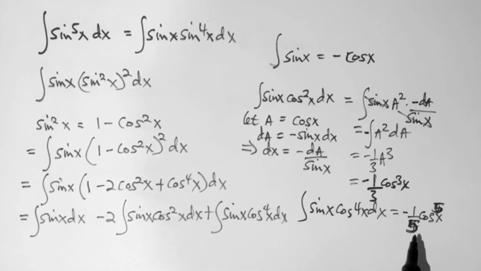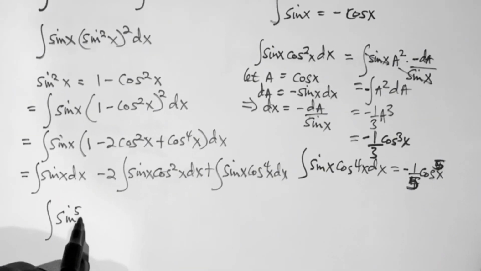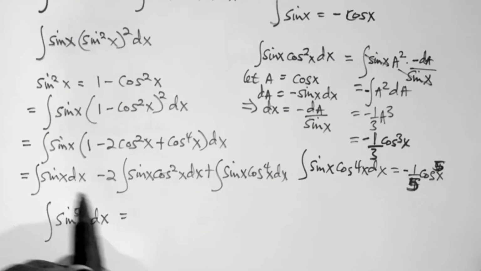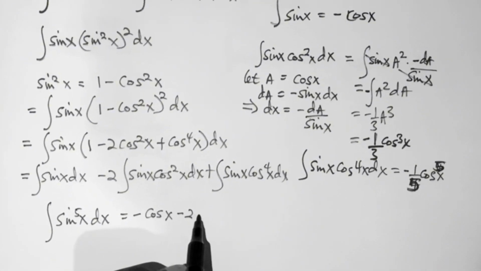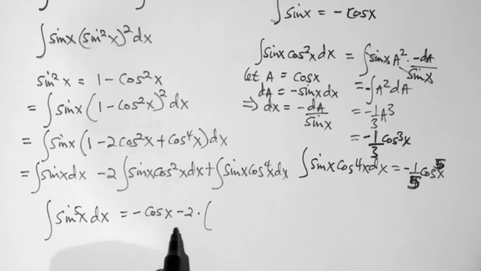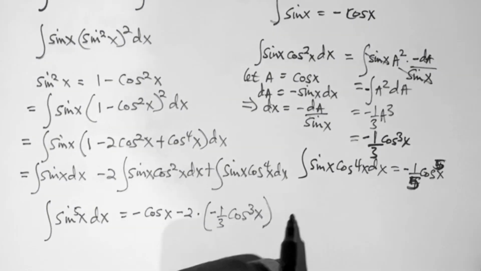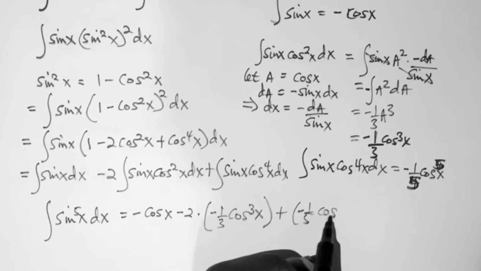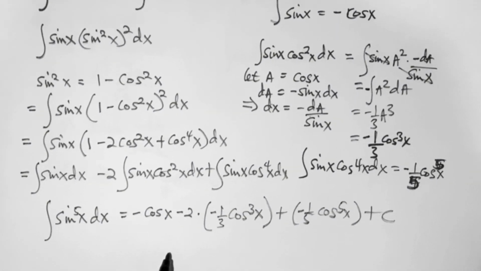Now we can add all. The integral of sine exponent 5x dx is equal to the integral of sine x, which is minus cos x, and then minus 2 times this answer, so times minus 1 over 3 cos cubed x, then plus this integral, which is minus 1 over 5 cos exponent 5x, then all of this plus the constant of integration.